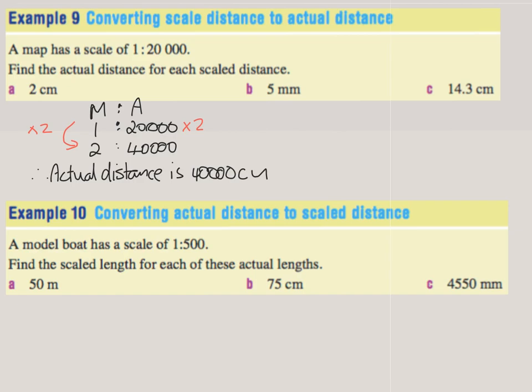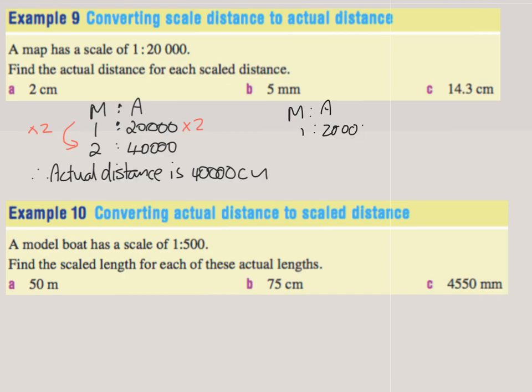And that's what I'm going to do with each one of these. I'm going to start with saying the map, or the original, the map to A is 1 to 20,000.